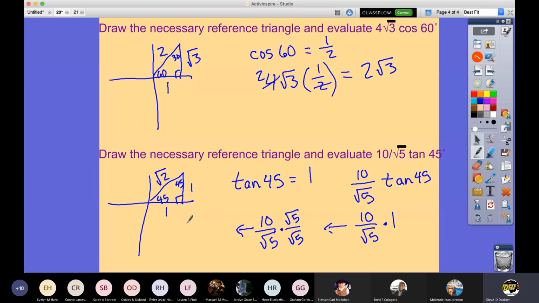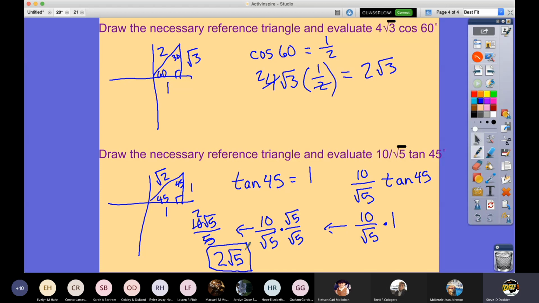I ran out of room. 10 square root of 5 over 5, and then these would simplify down, and our answer would just be 2 square roots of 5. All right, any questions on these?